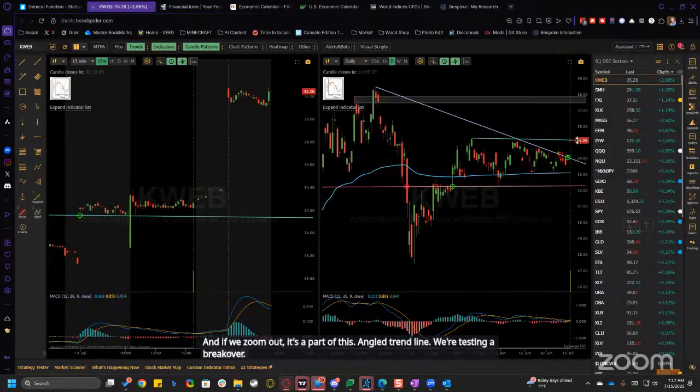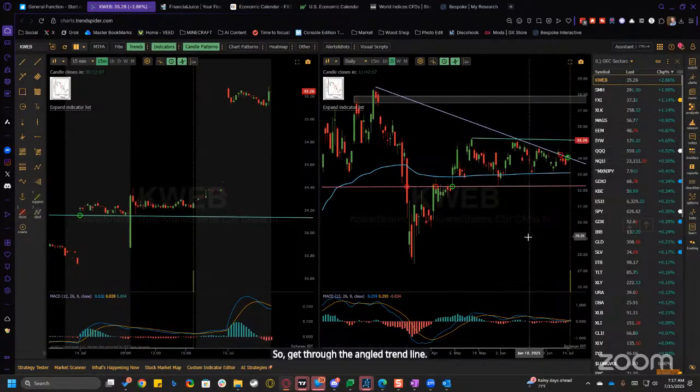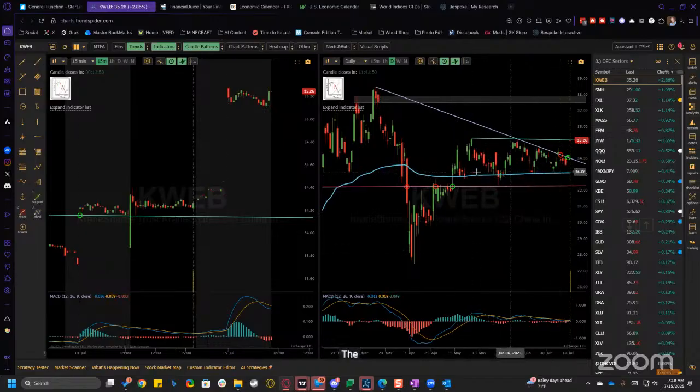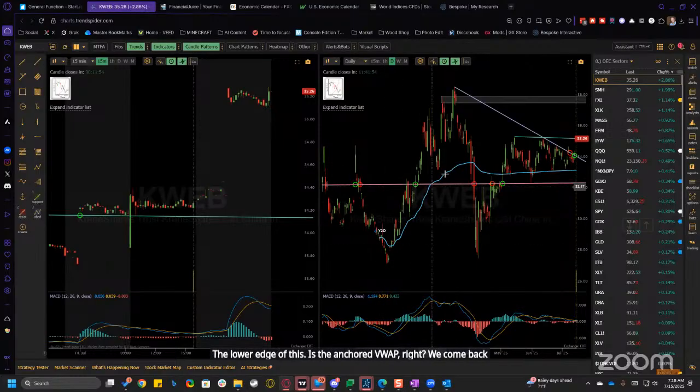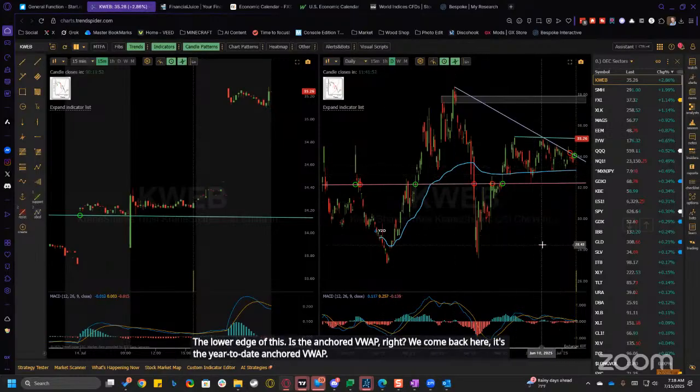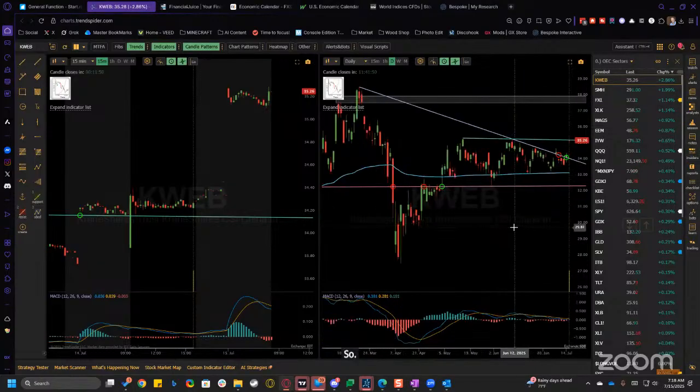So get through the angled trend line, test that 35.5 top, break out of that, and we can take a run towards 38. The lower edge of this is the anchored VWAP, the year-to-date anchored VWAP. So bullish above the anchored VWAP, bearish below.